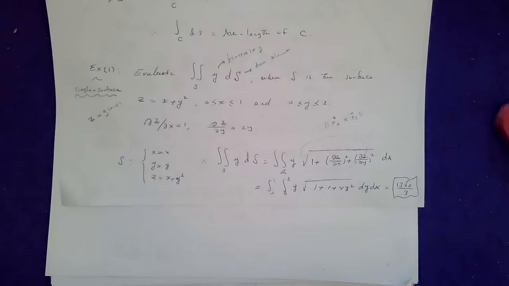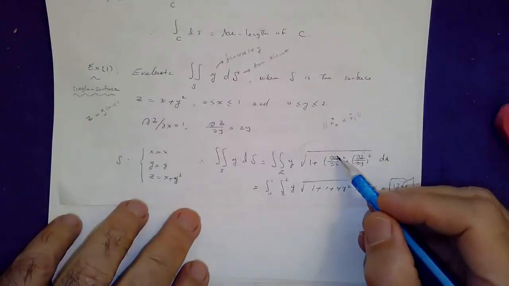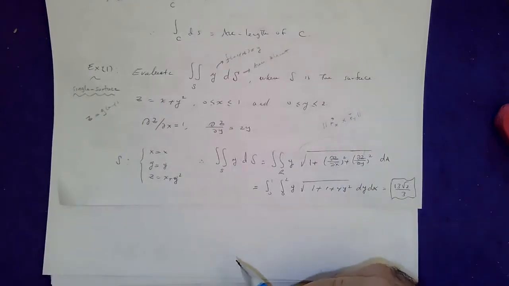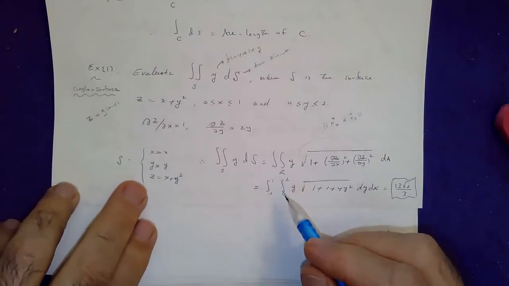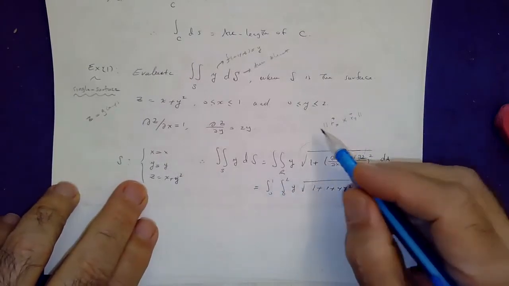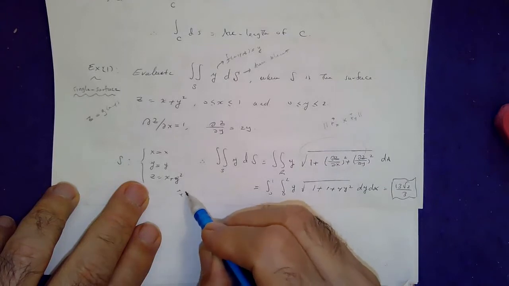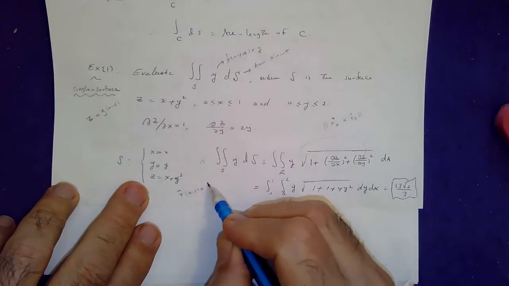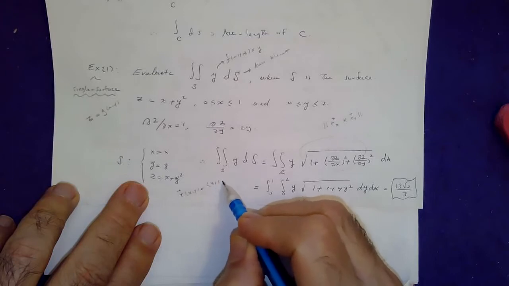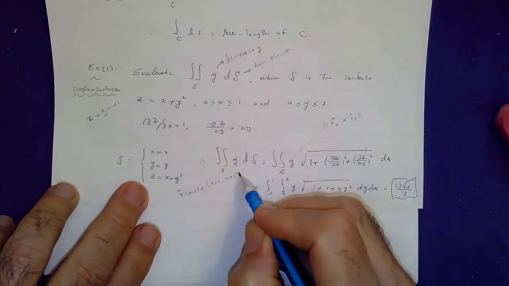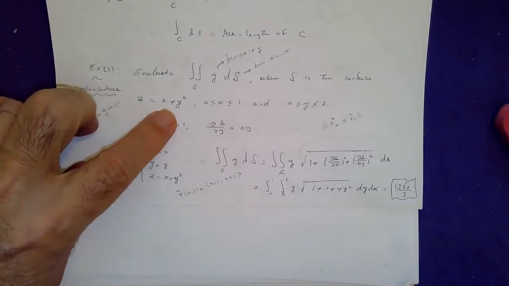So this replaces this. However, if you decide to go by that formula, then notice the vector equation of your surface is x comma y comma x plus y squared, because z was x plus y squared.